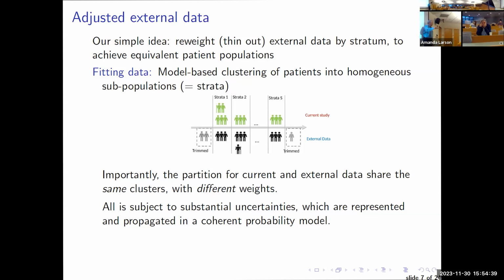There's no notion of step one, you estimate the clusters and freeze them, step two, you proceed with that. We treat that stratification as a random quantity, and we properly average over it. You can already imagine what's going to happen, yeah? There's going to be a posterior simulation that includes rearranging the partition.